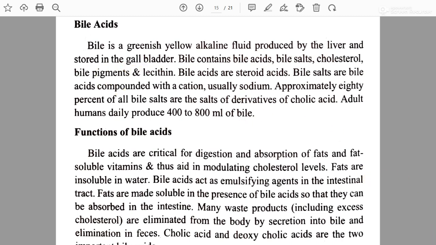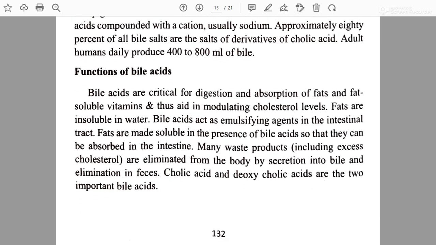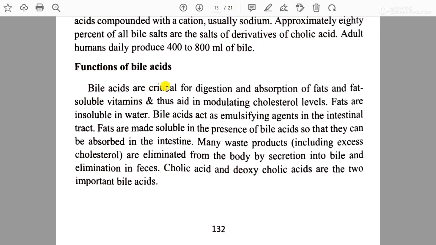Let us see the functions of bile acids. Bile acids are critical for digestion and absorption of fats and fat soluble vitamins, and thus aid in modulating cholesterol levels in the body.